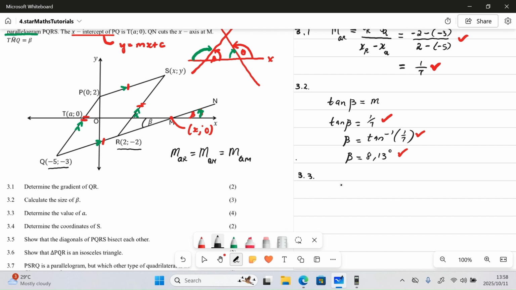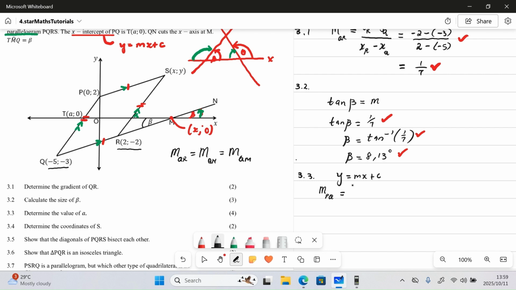The equation of a line is y equals mx plus c, or the other one. To find the equation of this line, you need to find the small letter m, which is the gradient of PQ. Do we have the gradient of PQ? No, we don't, and it's also not given, meaning we need to calculate the gradient. So let's find the gradient of PQ.